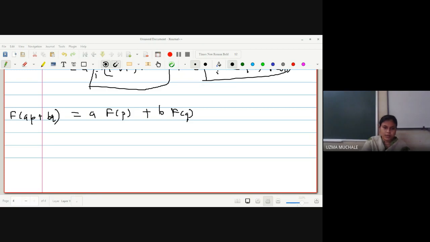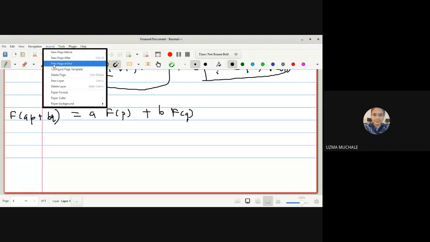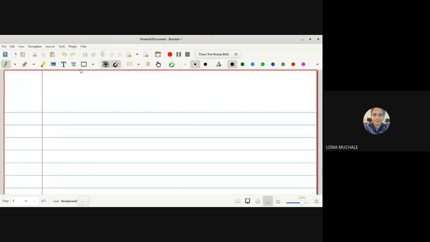Okay, let us go for the next point, that is the next theorem. Every isometry of E3 can be uniquely expressed as an orthogonal transformation followed by a translation. Okay, what is our aim to prove?